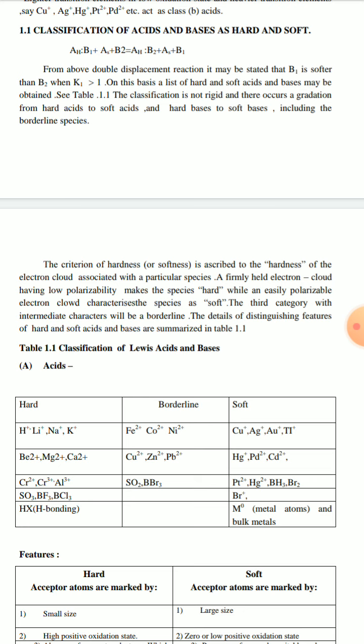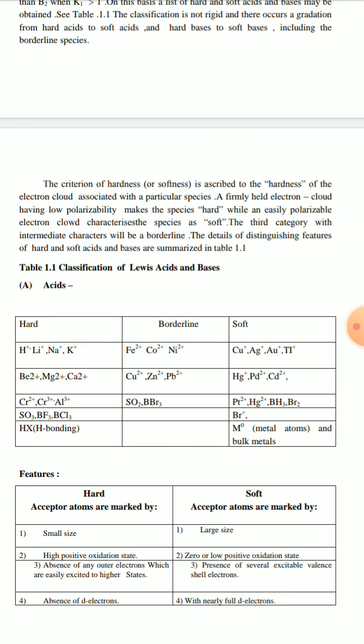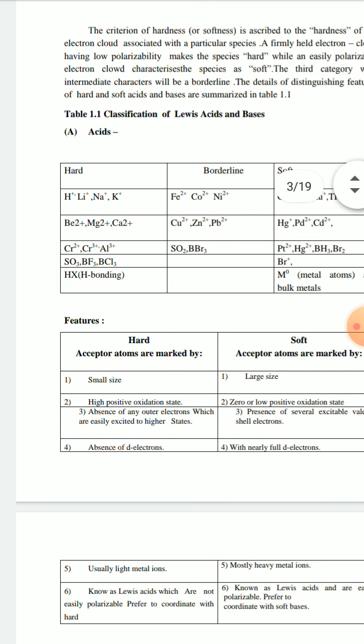The details of the distinguishing features of hard and soft acids and bases are summarized in this table. This is a table for acids, where the first column shows the hard acids, the far right shows the soft acids, and in between the borderline acids are shown.